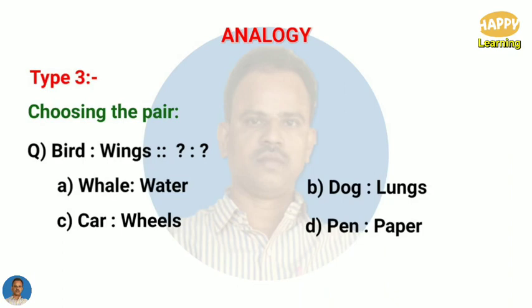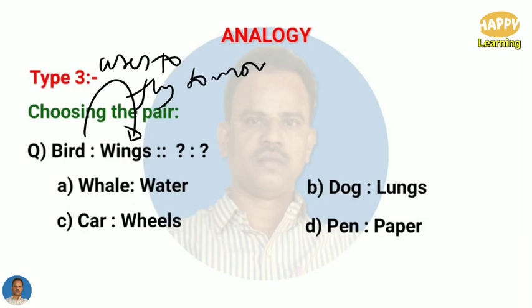A bird has wings and wings are useful to fly. The bird uses the wings to fly, to move from one place to another.